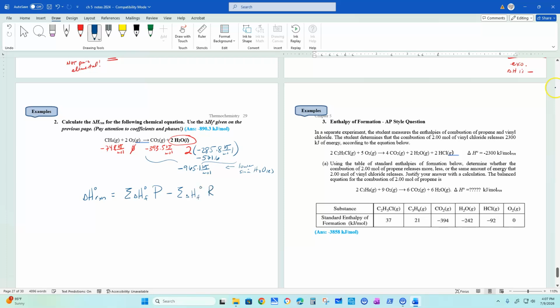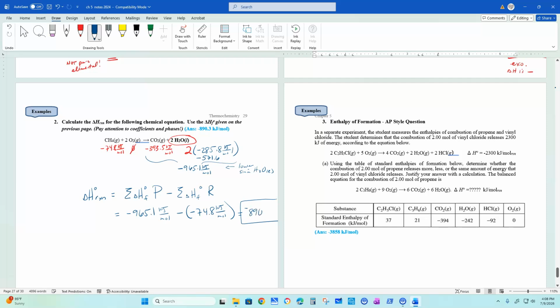you could do capital P, and then the sum of the delta H formation of the reactants. So my products was negative 965.1 kilojoules per mole. And I'm going to subtract that negative 74.8. Okay, so I have that number minus a negative 74.8. And if you predict it correctly, this number should be more negative.